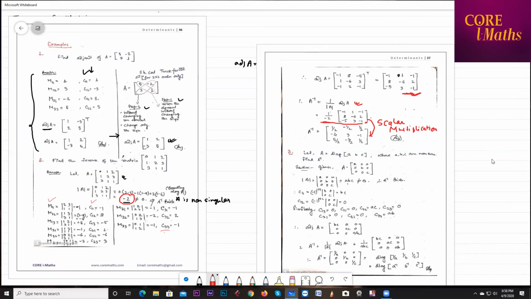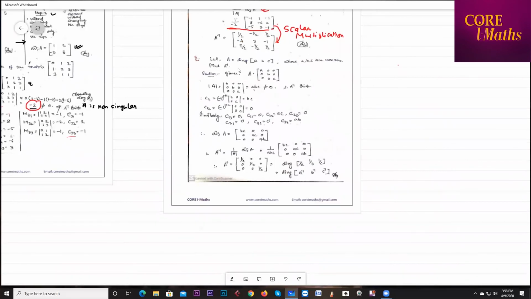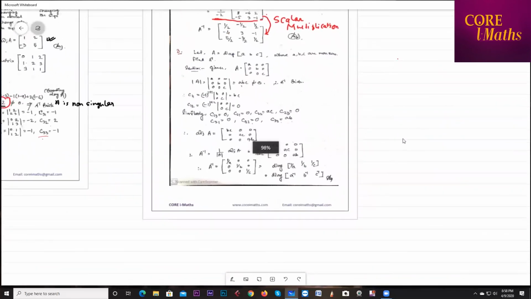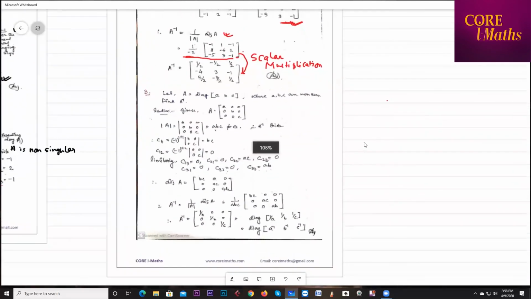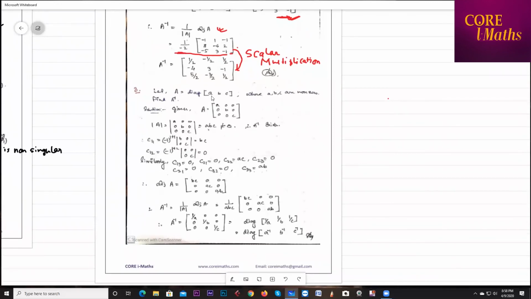Here also in example 3, one diagonal matrix is given, but the diagonal elements are A, B, C. You have to find out the A inverse.